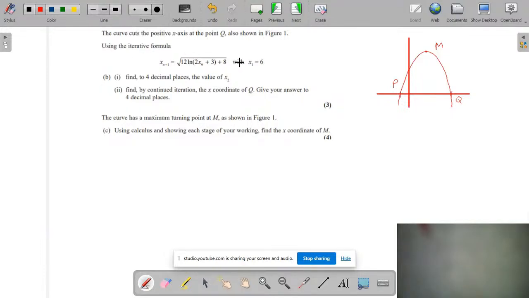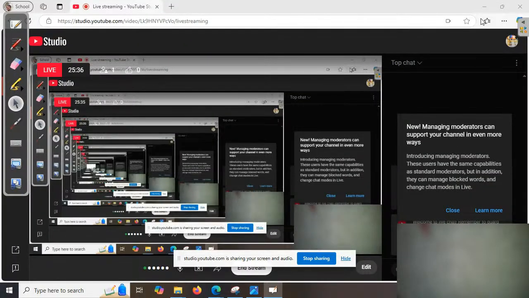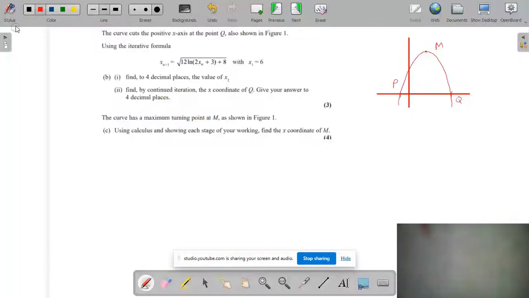Using this iterative formula, find to 4 decimal places the value of x2. So now we need to know how to find the x2 value. You just need to substitute x1 equals 6 there. Using a calculator you can get the answer. So I find x2 equals the square root of 12 ln(2 times 6 plus 3) plus 8.